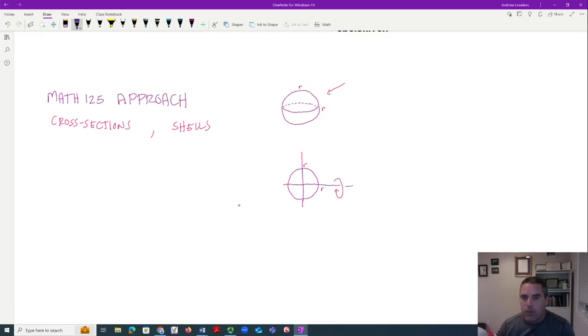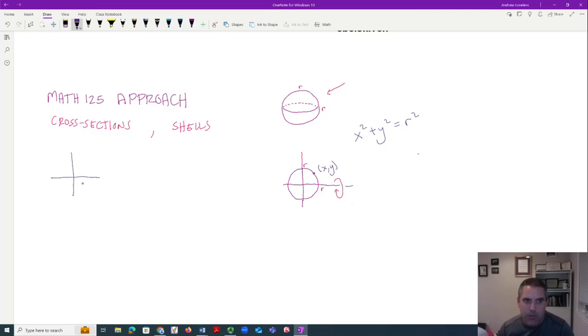Okay, so if you're going to find the whole volume, your first job is to describe a point on the edge. This is very similar to what we did in 2D. And here we would have x squared plus y squared equals r squared. And then depending on which variable you want to use, and that's really where the two methods come from.